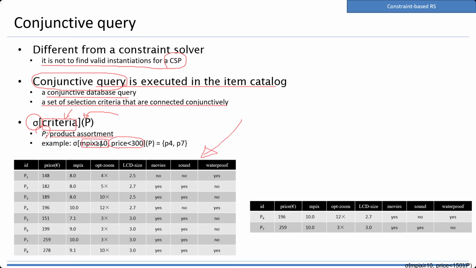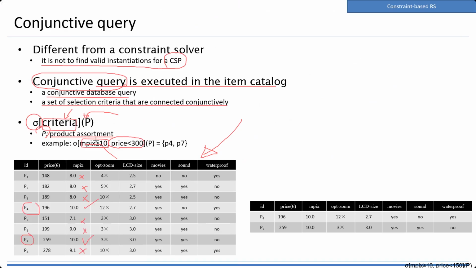The megapixel is higher than 10. Not this one, not this one, not this one. Okay, we have one. Not this one, not this one. Okay, we have two, and not this one. So we have two products, which are P4 and P7.